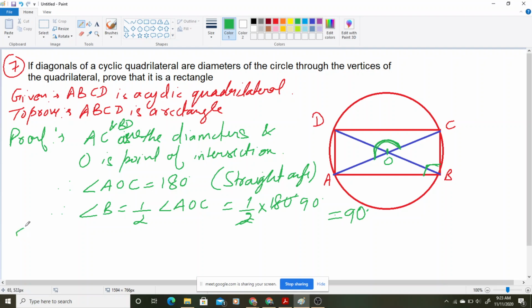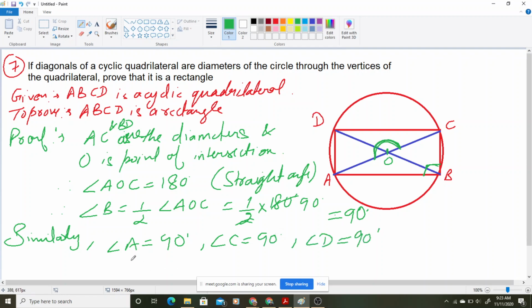And similarly we can write, जैसे हमारे पास एंगल B 90 आया है, तो क्या हम लिख सकते हैं एंगल A जो है वो भी 90 आएगा, एंगल C है वो भी 90 आएगा, और एंगल D जो है वो भी 90 आएगा. So therefore अगर all angles of a figure is 90, if all the angles of a figure is 90, then can we write that ABCD is a rectangle.